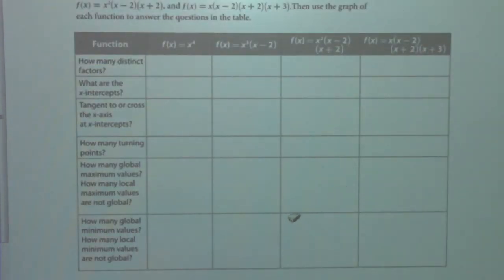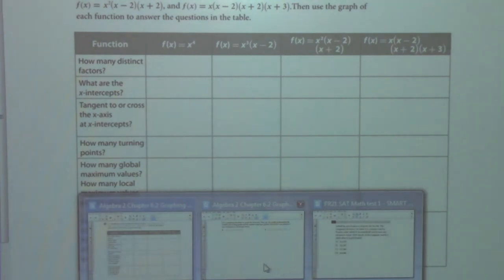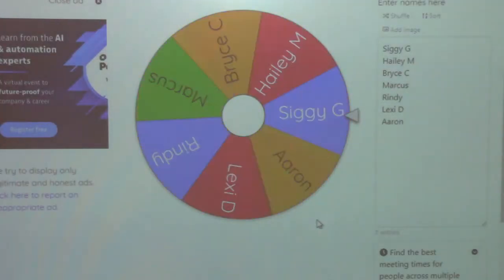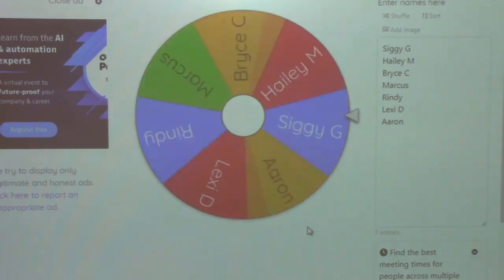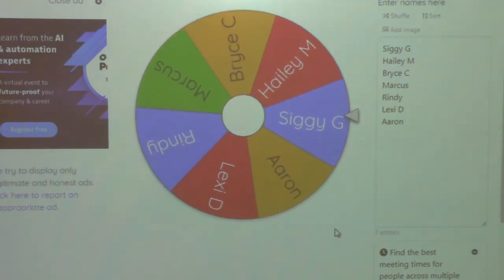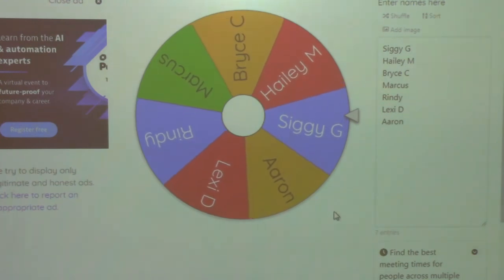Okay, I want to call on somebody for number 5. So here's number 5. It'll be Mark. It's going to be Haley. Ziggy. What are we doing?